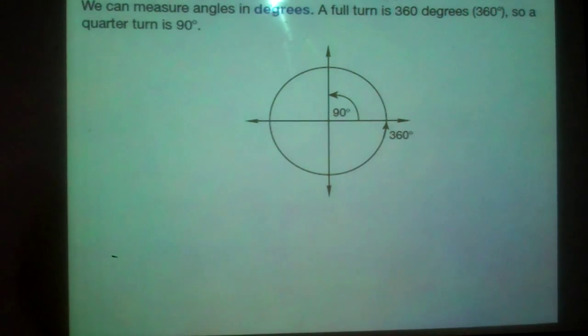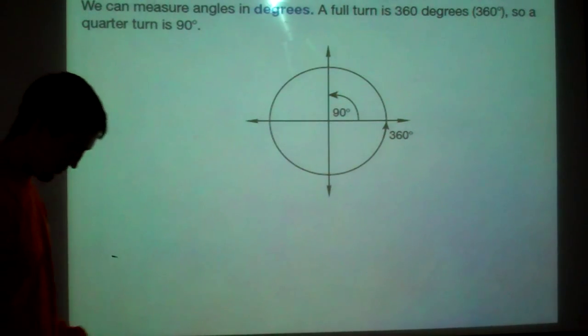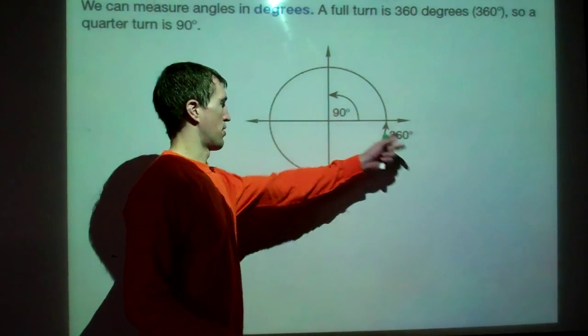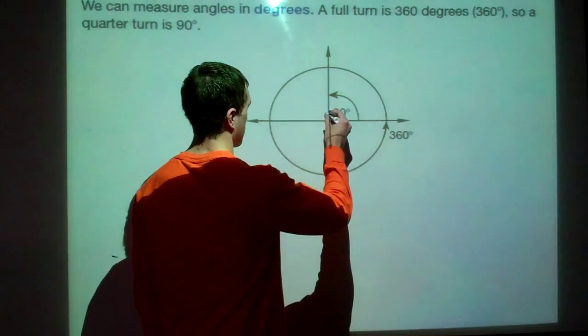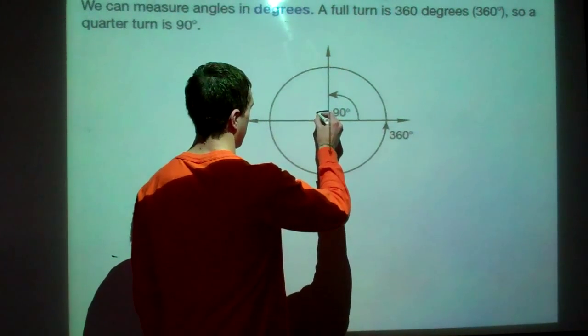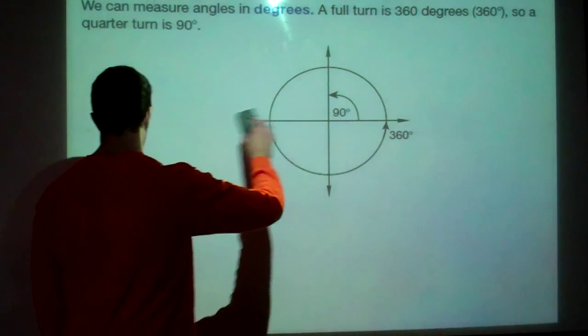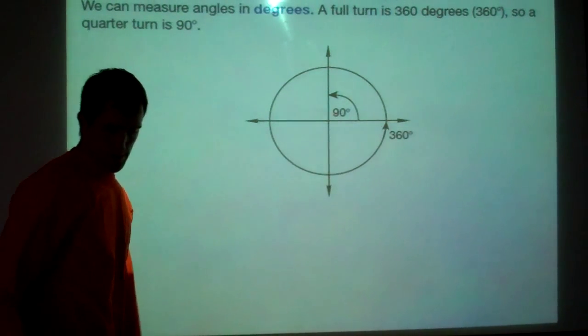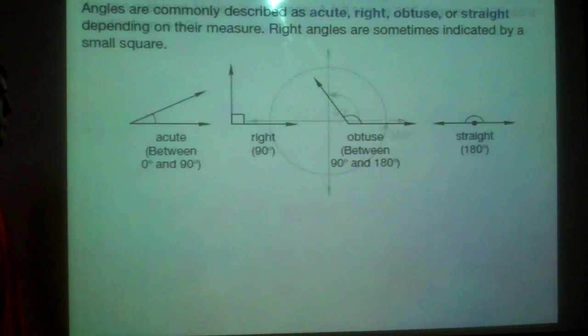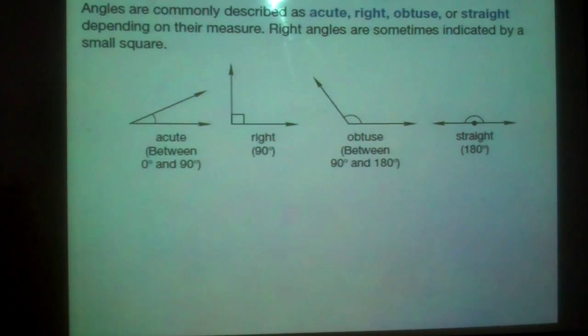And obviously, we measure angles in degrees. A full turn is 360, and a quarter turn is 90. Okay, so 360 for the full thing. Quarter turn is 90. These lines are perpendicular, and that would be a square corner right here. That's what they were talking about before. And these angle measures create different types of angles for us.